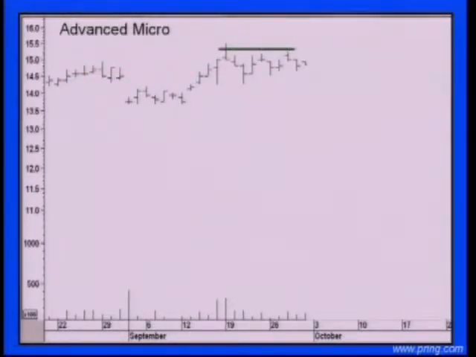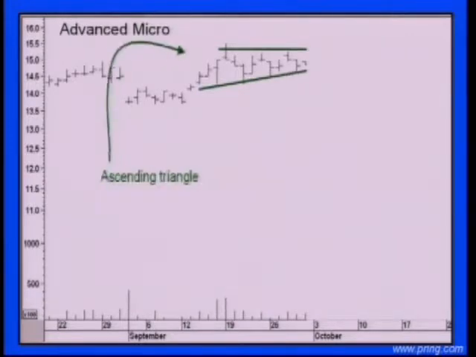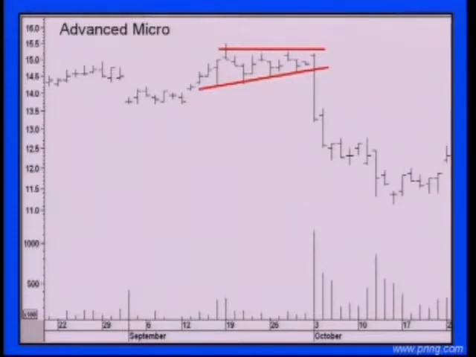Here's Advanced Micro. We see another triangle forming here. Looks like a bullish ascending pattern. And this one here also breaks to the downside. So while you may think that this is a negative thing, if you've got your wits about you and you're prepared to go short, if you're looking at a failed ascending triangle and you see the breakout point here, you can measure a low risk, because this one would be a relatively low risk to either take it to here or even to that point there.